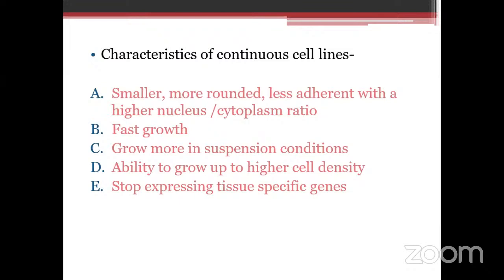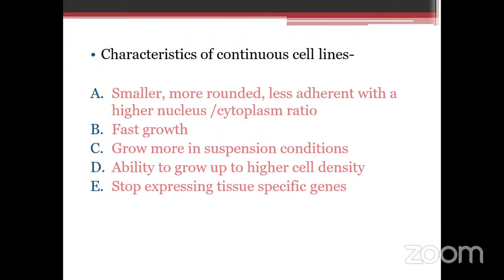Through morphology also you can tell. Continuous cell lines have some characteristics by which you can tell whether they are continuous or not. They are smaller, mostly rounded in shape, less adherent, meaning they will be floating, with a higher nuclear to cytoplasm ratio. Always remember the important characteristic of cancer cells or transformed cells is a higher nucleus to cytoplasm ratio.